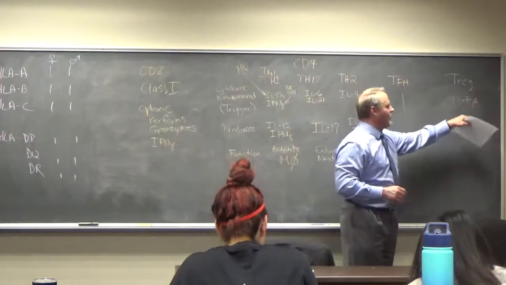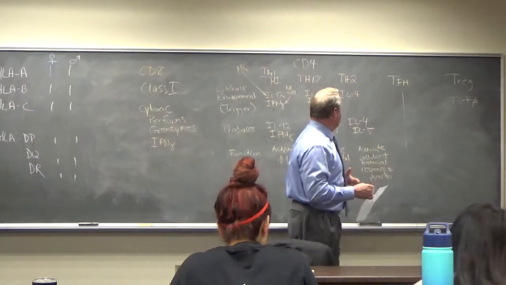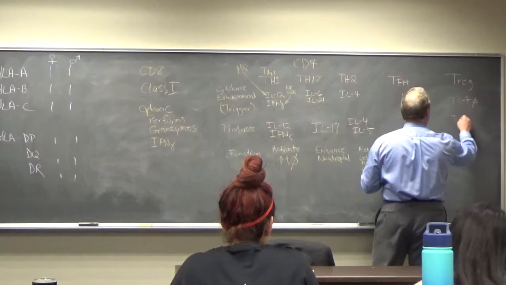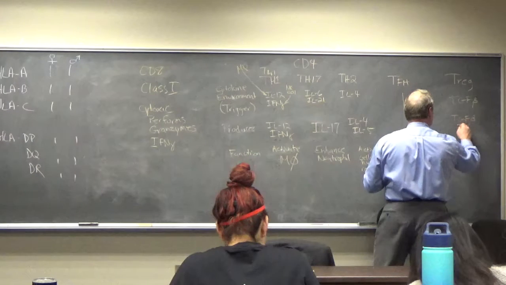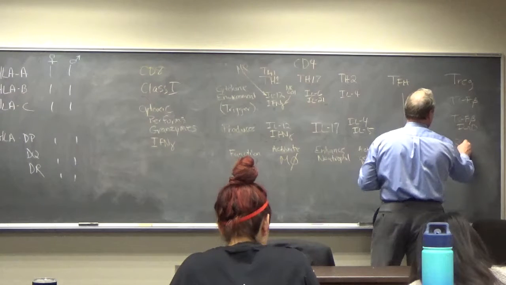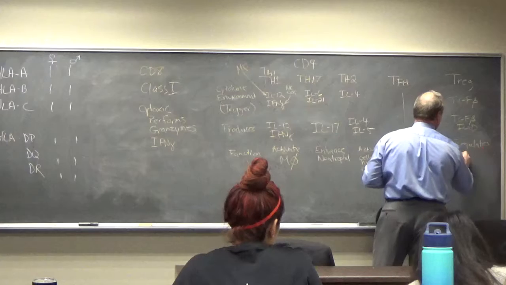TGF-beta is transforming growth factor beta, and it does some things, I won't talk about that right now, but what this one will produce is some more TGF-beta and also some IL-10, and just as its name says here, it regulates other T cells.